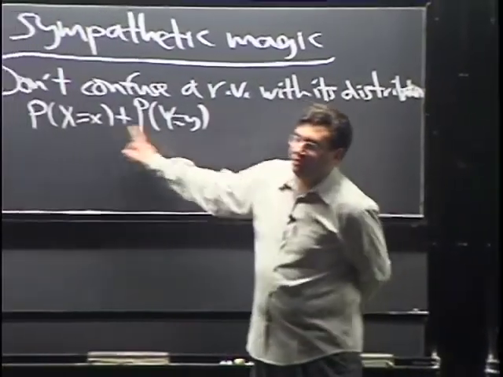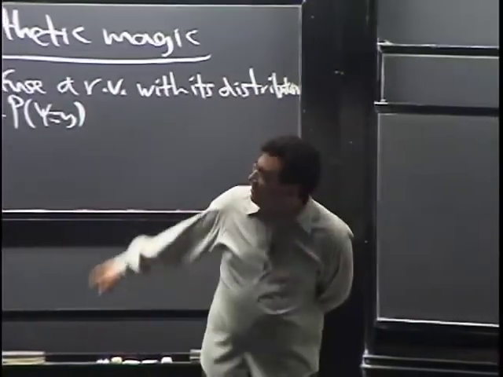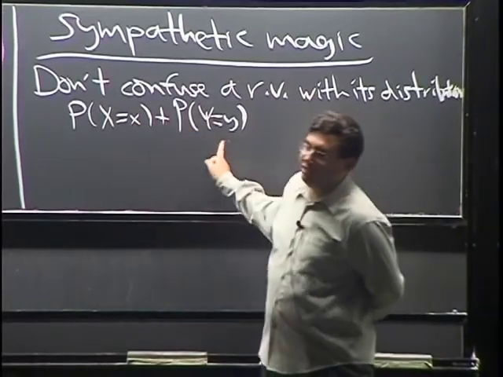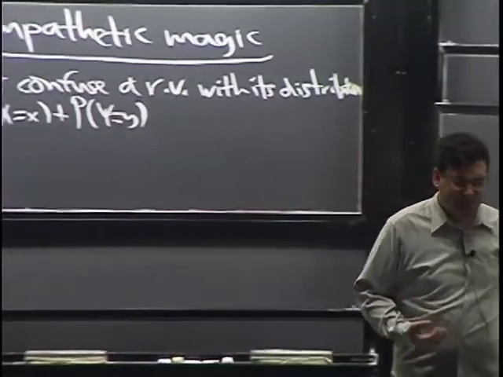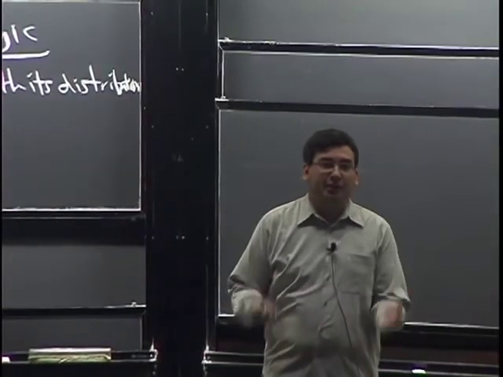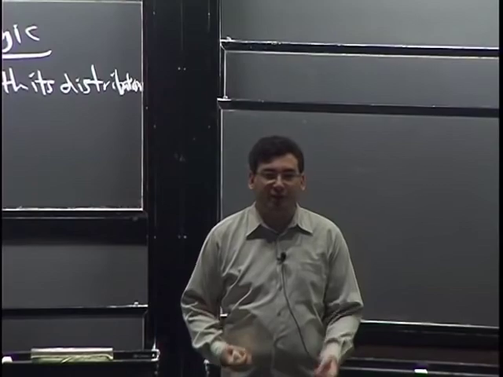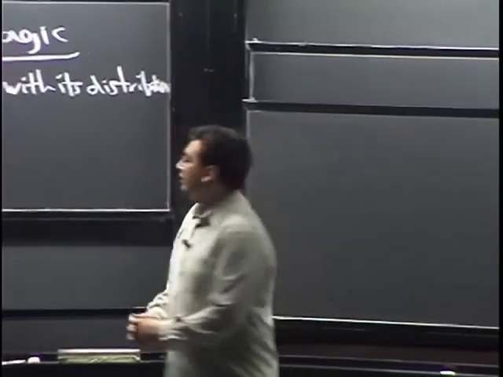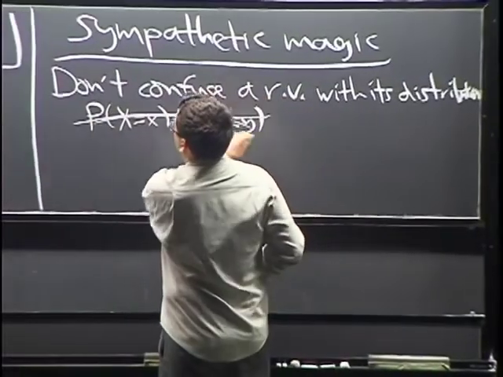It could easily exceed 1. Secondly, this thing is a function of little x and little y. But if we want the PMF of X plus Y, then we're thinking of X plus Y as our random variable, so we should have a function of the probability that X plus Y equals little t. So you can't do things like that.